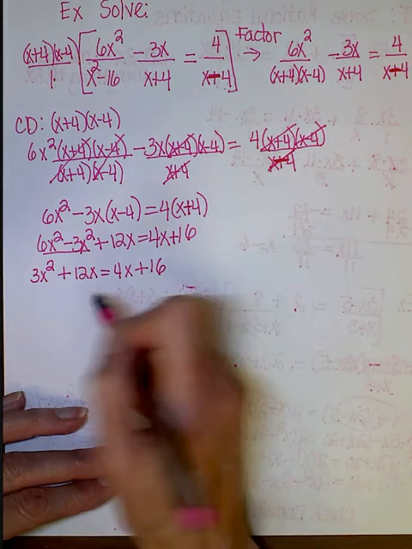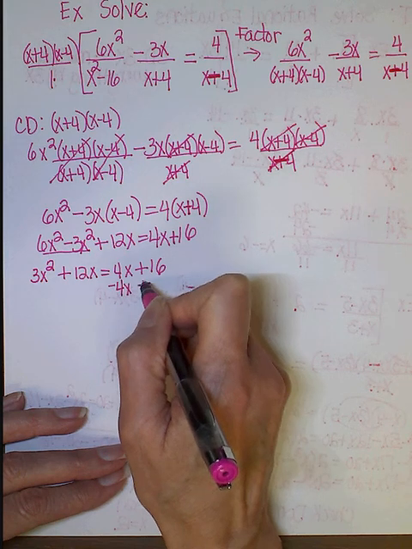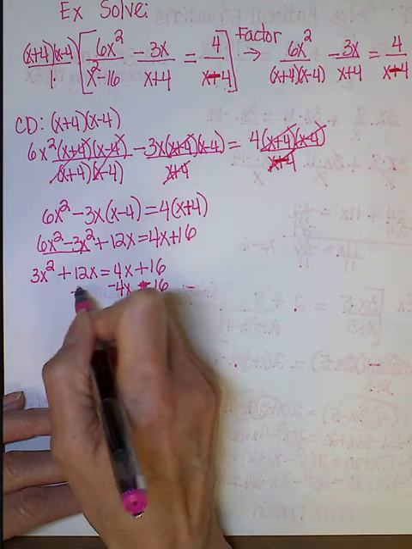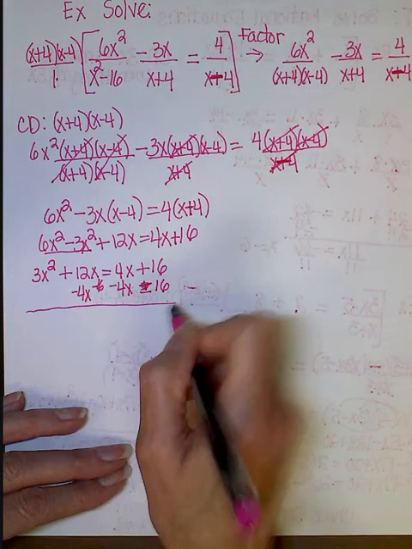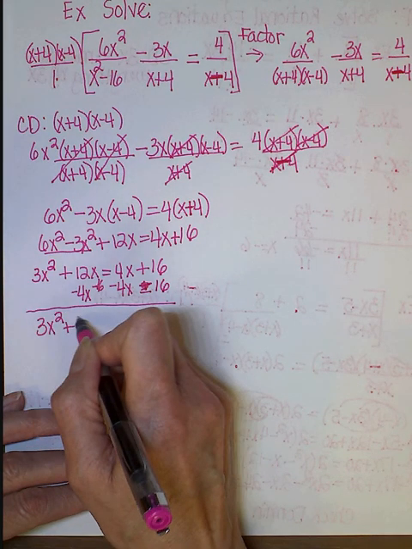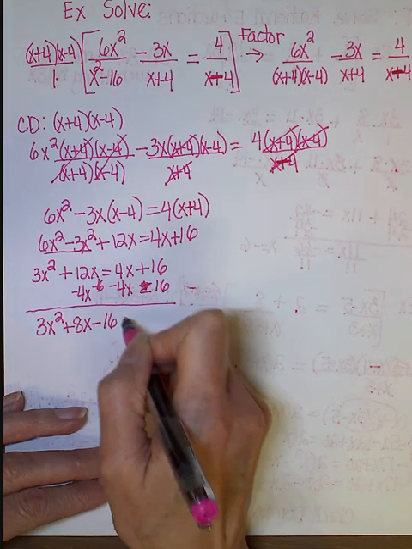So we'll get it set equal to 0 now. Subtract. Sorry. Okay, minus 4x minus 16 on this side. 3x squared plus 8x minus 16 equals 0.